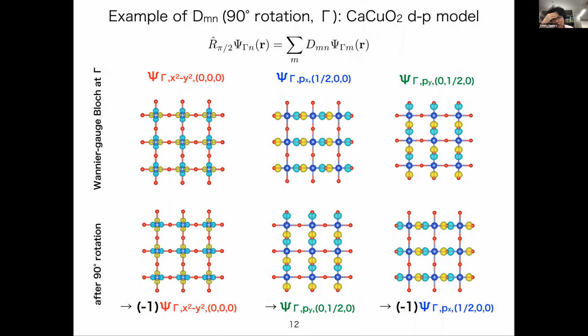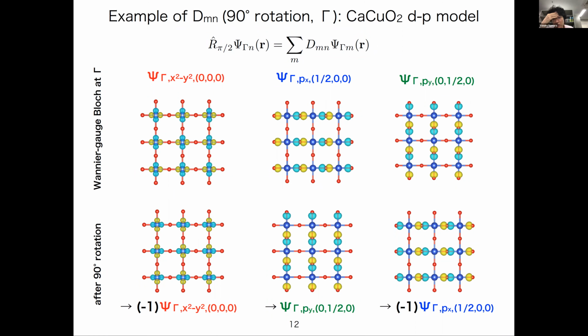And in the case of px like Bloch function, the Bloch function looks like this at gamma point. And in the case of py, it should look like this. Then, for example, if we focus on this Bloch function and apply the 90 degrees rotation, then it is rotated like this, right?